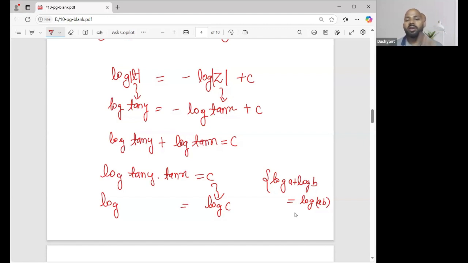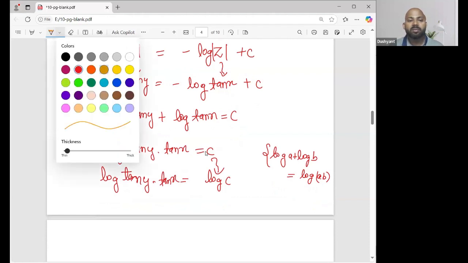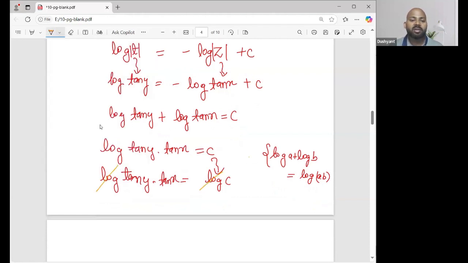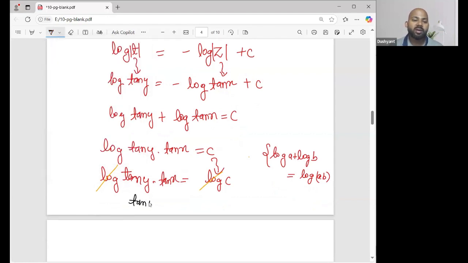So instead of c, we can take log c also. Why are we taking this? As you can see, we have log on both sides, so log and log will be cancelled. So we finally get tan y tan x equals c.